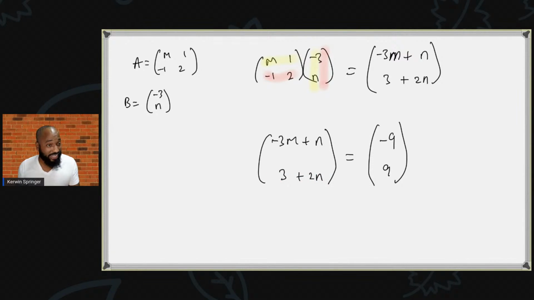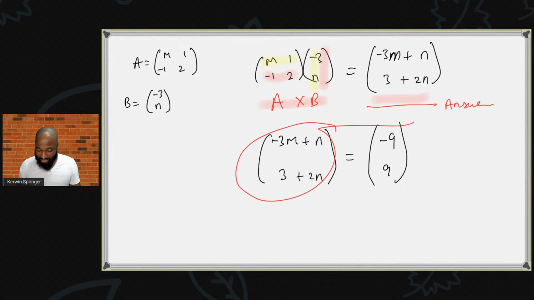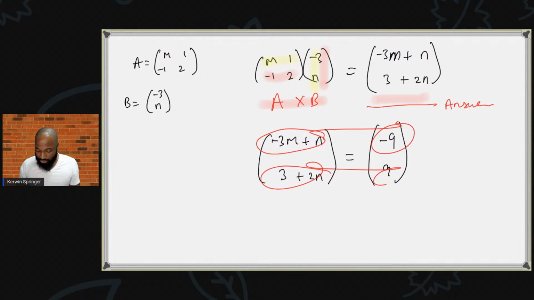So we could find n and then substitute it back and find m. Everybody with me? So when you multiplied A by B, I got this as the answer. That's the product. And now they are saying that the answer is equal to this. So what I can do is say this must be equal to that, and this must be equal to that.